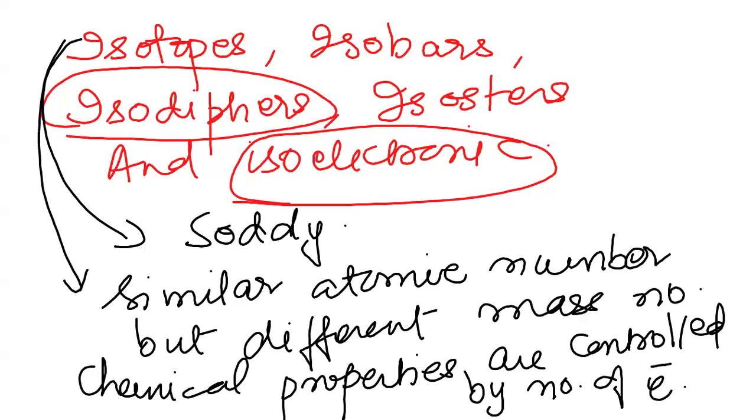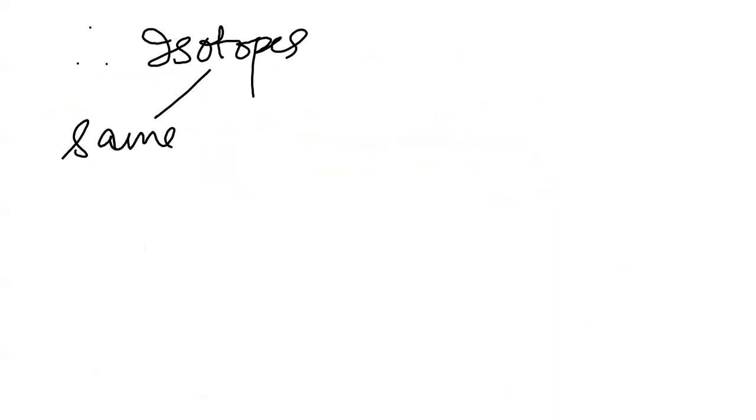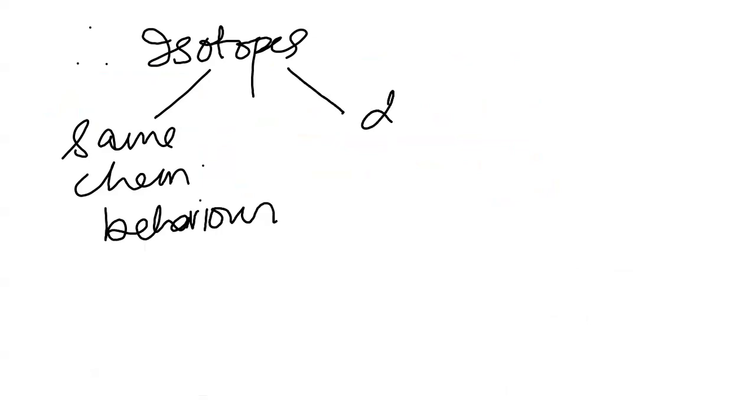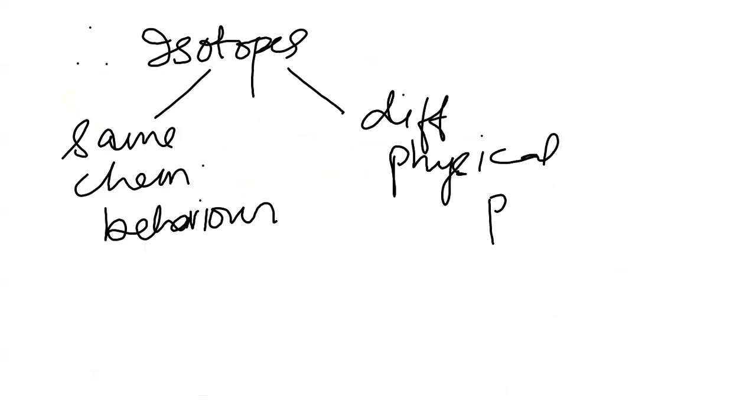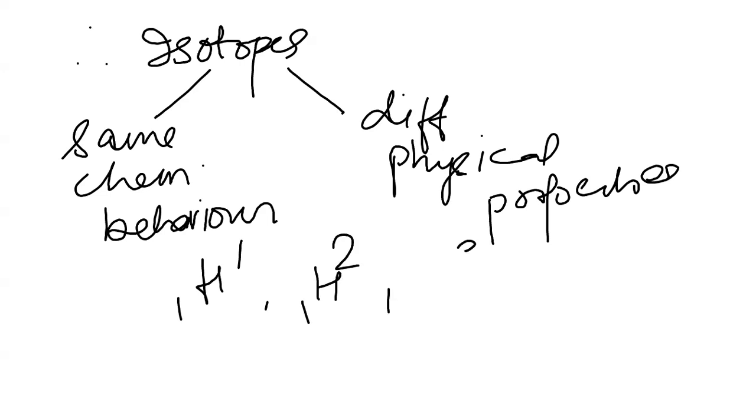See, so they are controlled by electrons. So thus we can say what? Isotopes have the same chemical behavior, number one, but they have different physical properties. Now supposing I have one H1, then two H1, then three H1.